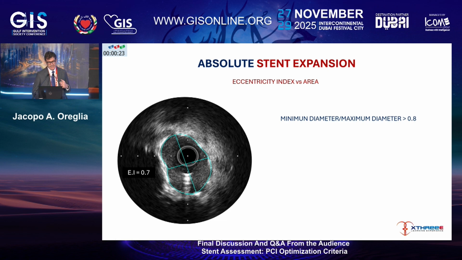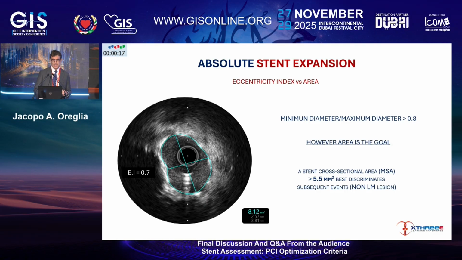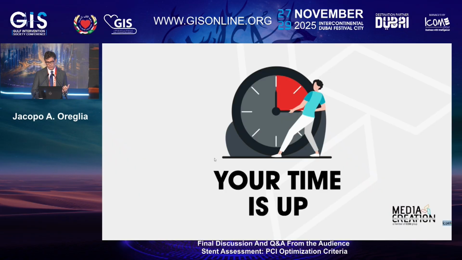But at the end of the day, it is sometimes very hard to get this eccentricity index. Sometimes we have to accept less than 0.8, and in this case we have to measure the area, and again we can combine an eccentricity index which is less than 0.8 but with a minimal stent area that is more than 5.5 square millimeters. In this case, it is a good result.